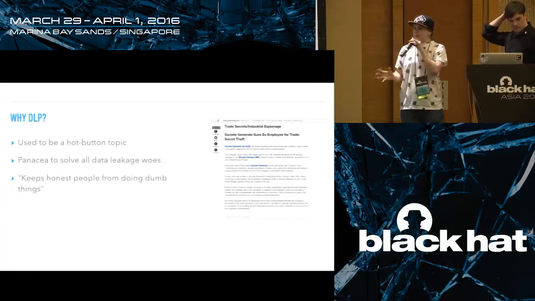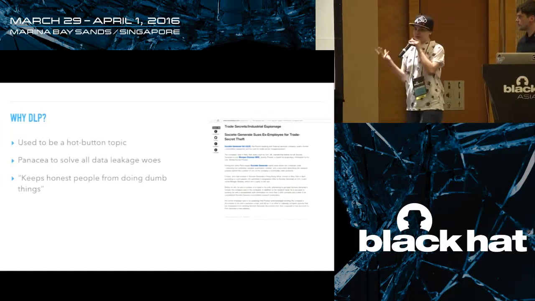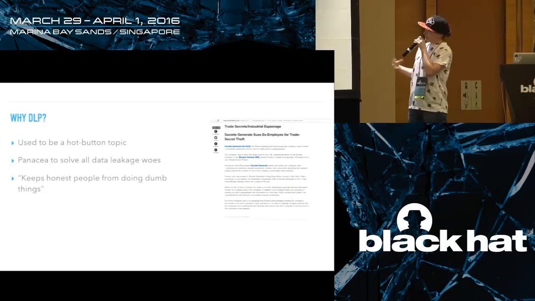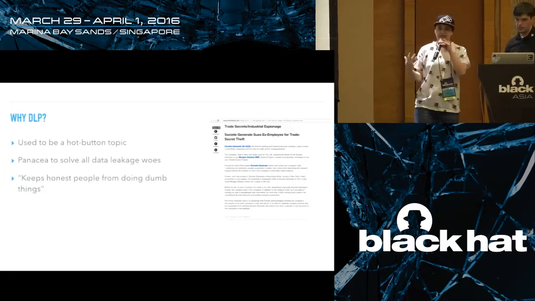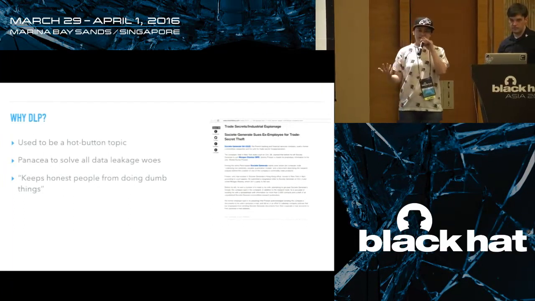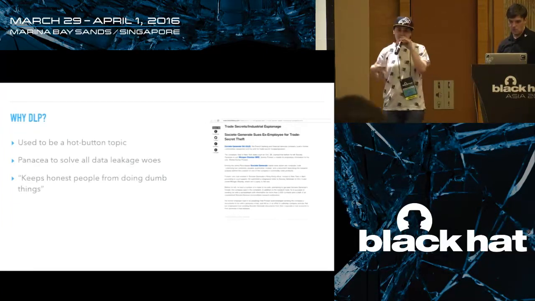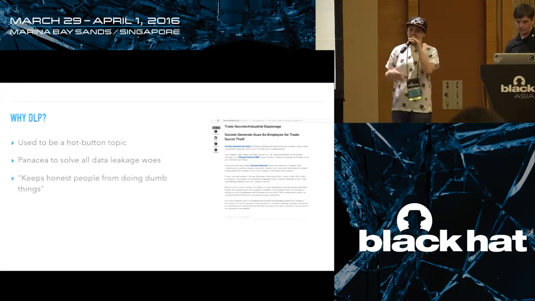We will get a little bit into the concept of bypasses and why we didn't focus on them so much, but DLP has been touted as something that will keep honest people honest. It'll keep somebody who's doing data entry from accidentally copying and pasting sensitive information like social security numbers or credit card numbers into an email.